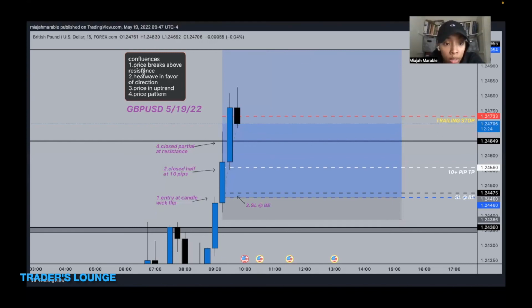So these are my confluences. Price breaks above resistance, which is right here. So this is resistance. Price broke above. Heat wave was in favor. So GBP was probably close to a 6 or a 7, maybe even a 5, I want to say. But the USD was at a 0. So I was like, okay, we're definitely going up.